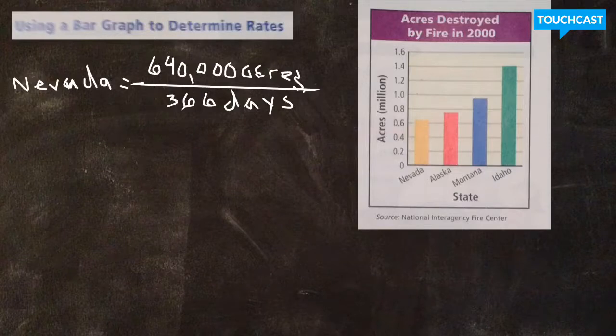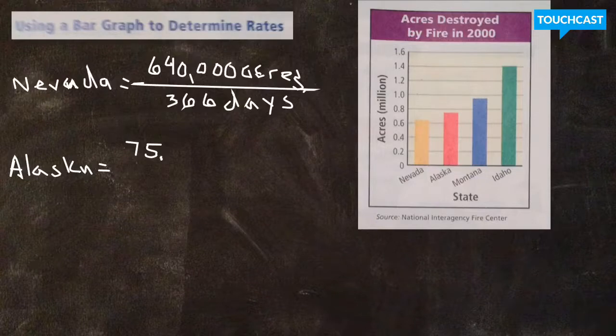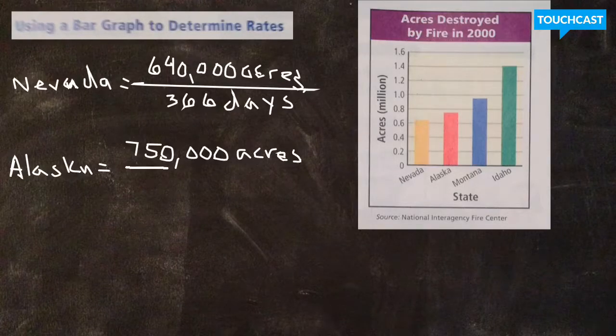In Alaska, there were about 750,000 acres destroyed in 366 days.